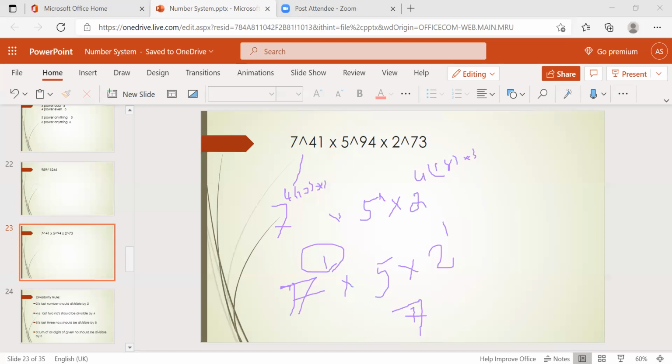So 7 into 5 into 2: 35 into 2 is 70. The unit digit will be 0, right? But just observe this question, I'll show a simple trick.